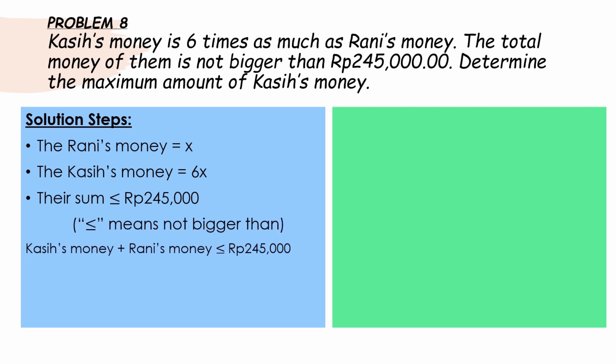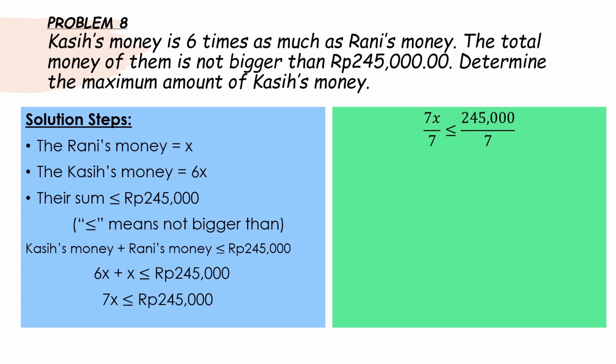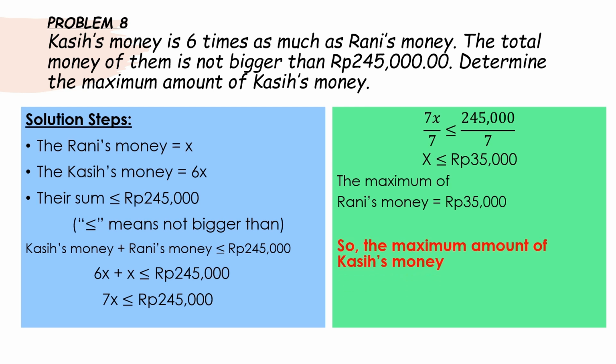Okay, now Kashi's money plus Rani's money is 6x plus x less than or equal to 245,000, and 7x less than or equal to 245,000, and we can divide both sides by 7. Here we have x less than or equal to 35,000. It means the maximum of Rani's money is 35,000.